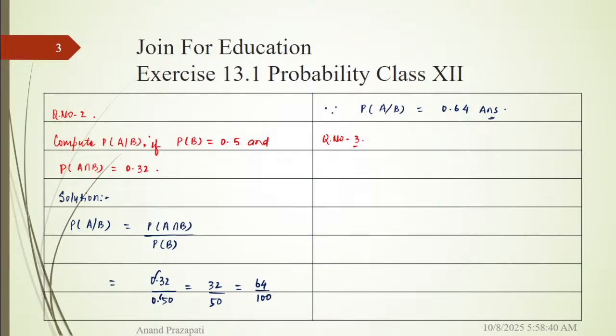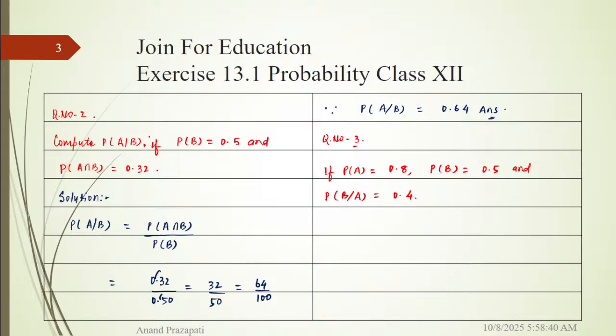This is question number 3. If probability of A equal to 0.8 and probability of B equal to 0.5 and probability of B by A equal to 0.4.